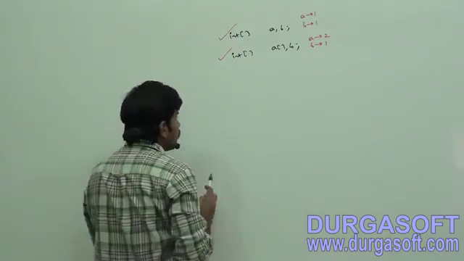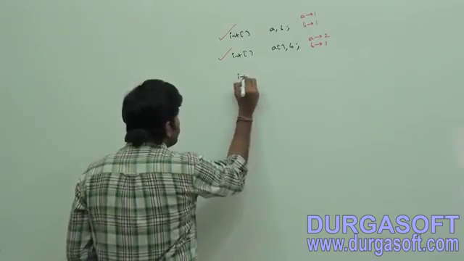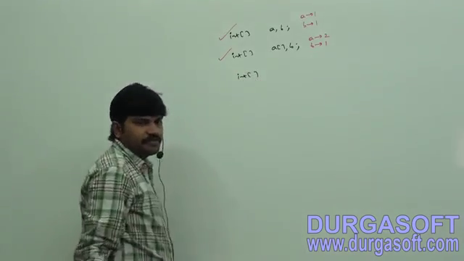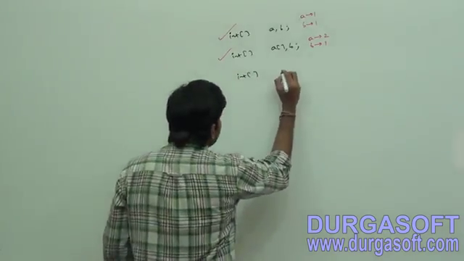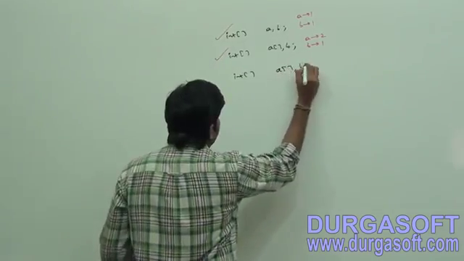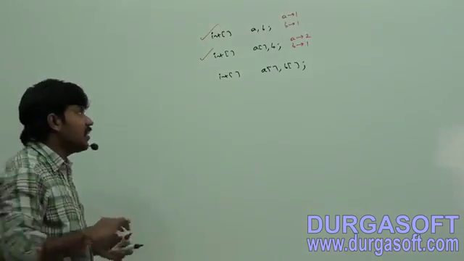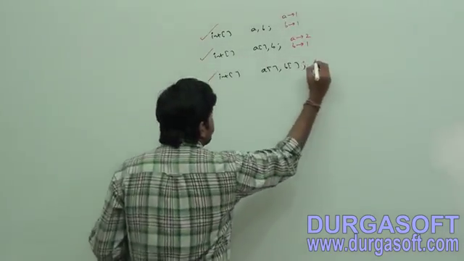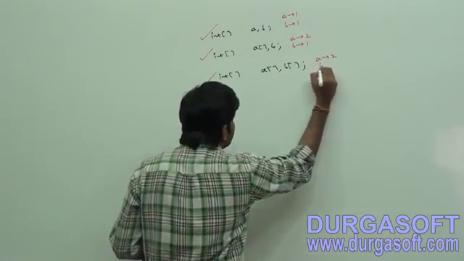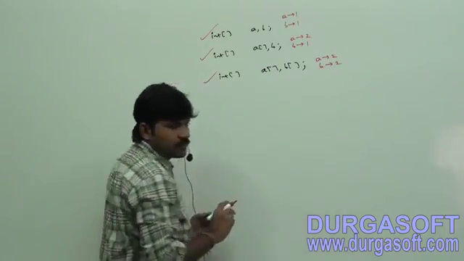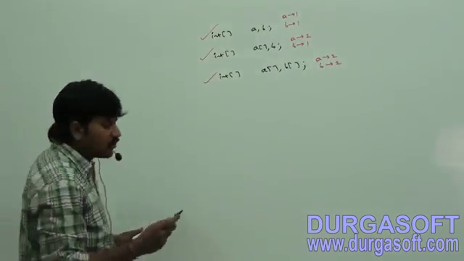Next, int two-dimensional array, here I am taking A and B. No new thing. What is A's dimension? 2. What is B's dimension? 2. A's dimension is 2, B's dimension is 2.